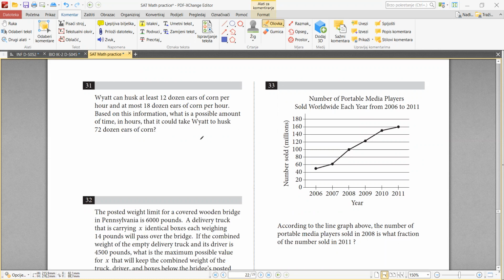Based on this information, what is the possible amount of time in hours that it could take Wyatt to husk 72 dozen ears of corn? So the possible amount of time, first 72 divided by 12 equals 6 hours.